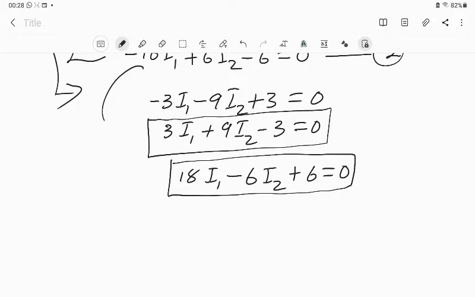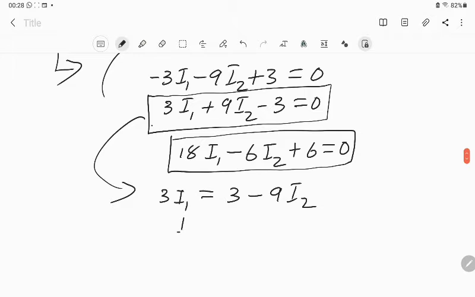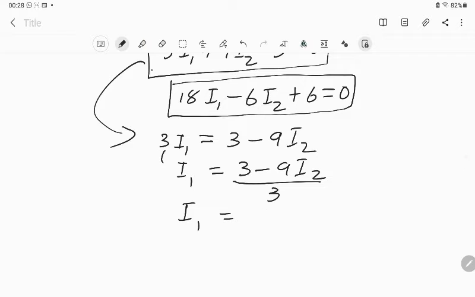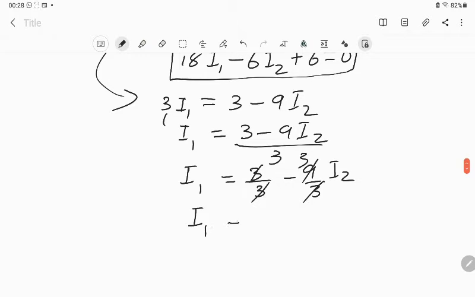I will just take I1 from here. 3I1 equals 3 minus 9I2, then I1 equals 3 minus 9I2 divided by 3. So I1 equals 3 by 3 minus 9 by 3 I2, so I1 equals 1 minus 3I2.